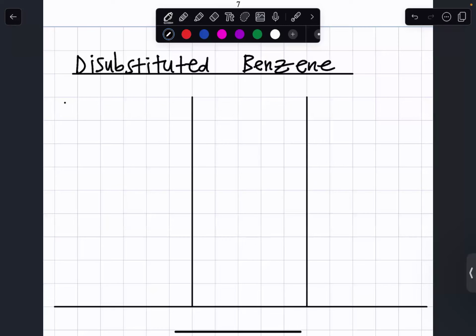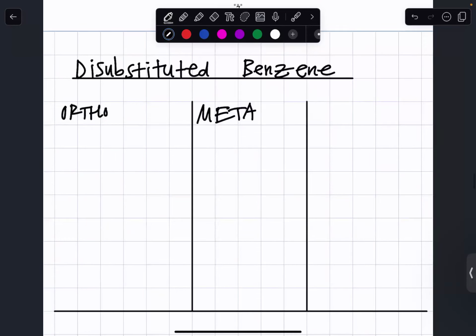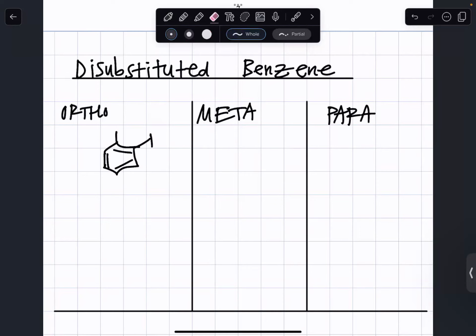Okay, so ortho, meta, para, right? And let's say the R groups are different. One is R, the other one is R prime.